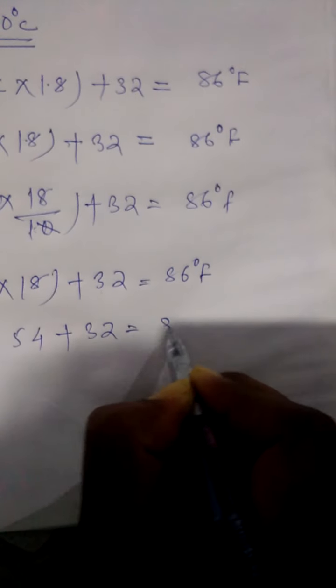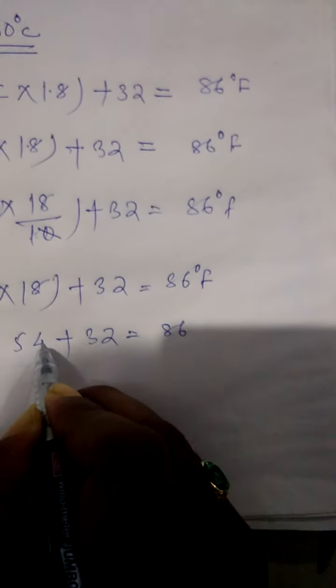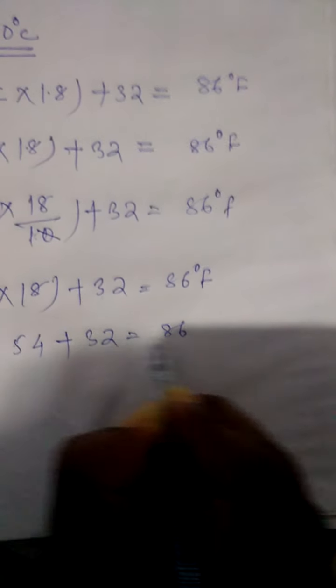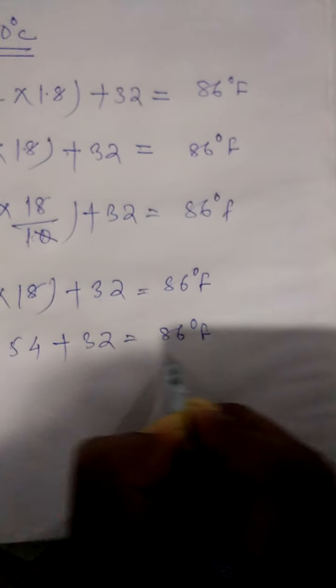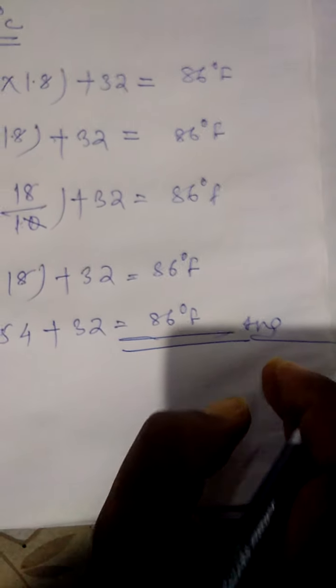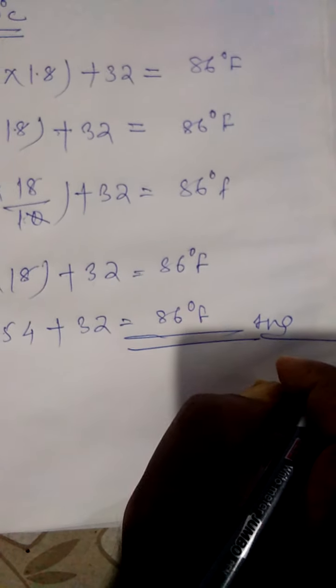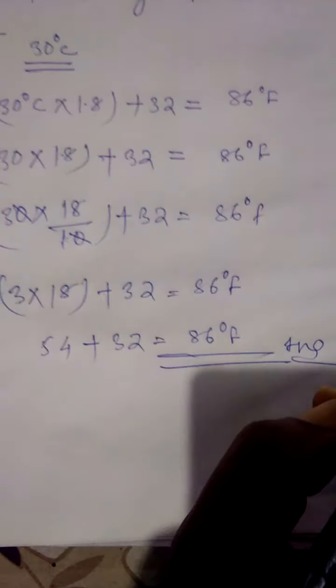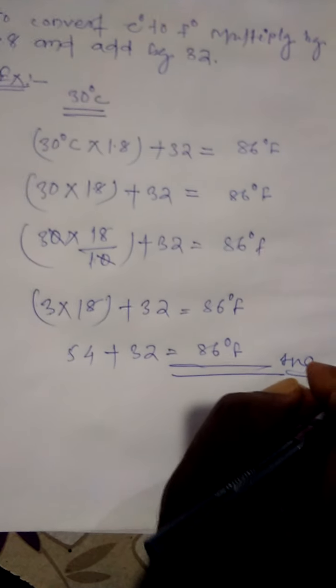How much? 86. So this is the complete answer for the conversion of degree Celsius to degree Fahrenheit.